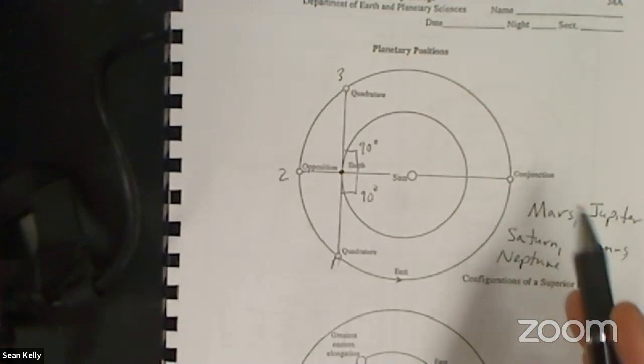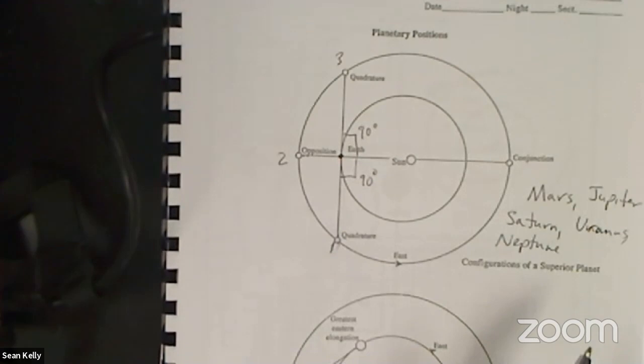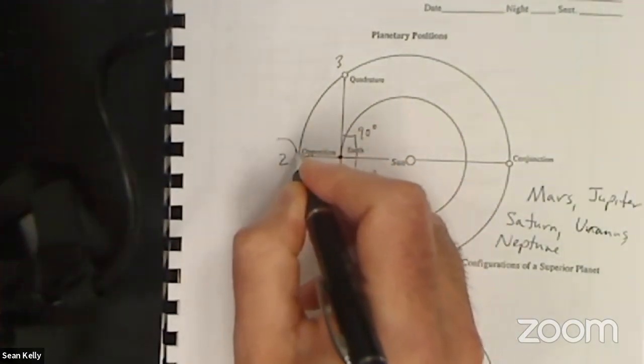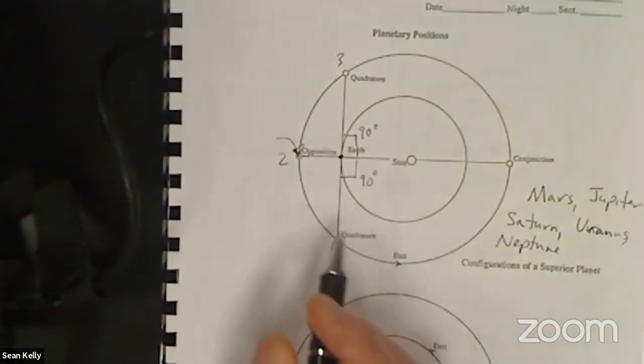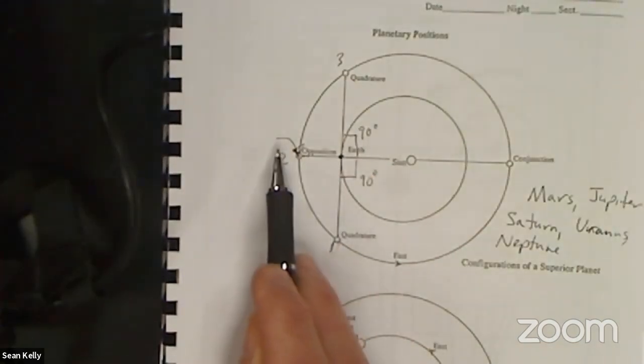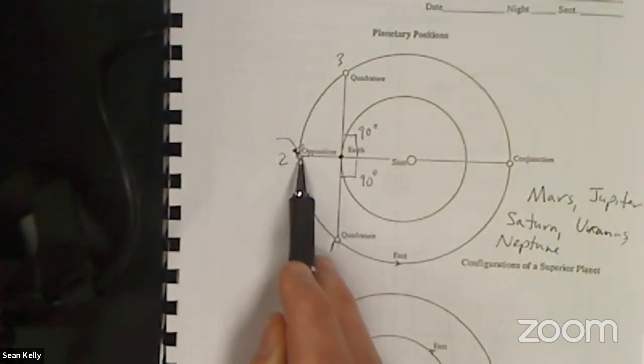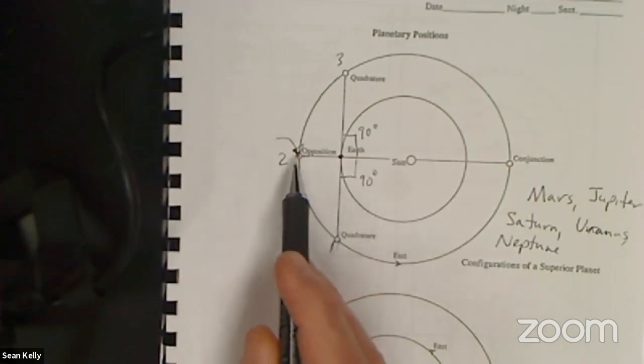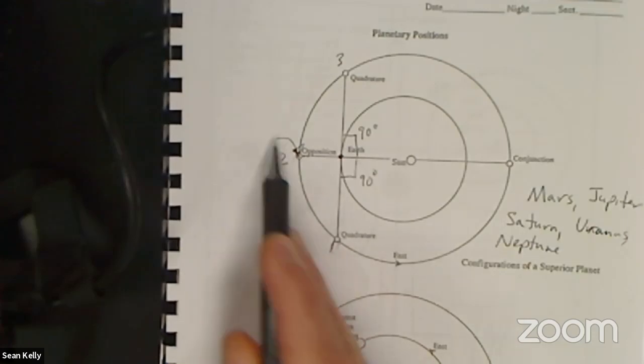Okay, now I do want to take one more moment here, and I want to talk about this special opposition here. This is a very special point. Why is it special? Well, what time of the day or night would this opposition planet reach the highest point in the sky? What time is it when this planet is crossing the local meridian, right?